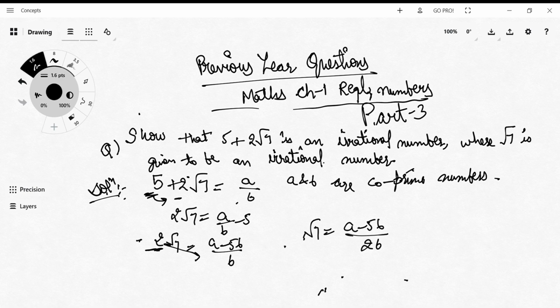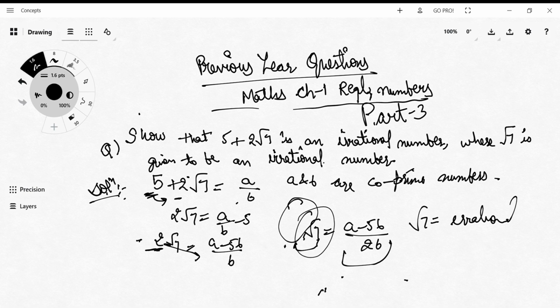Now this is your LHS part and this is your RHS part, correct? It is already given that root 7 is irrational, and we are getting that root 7 is equal to a minus 5b divided by 2b, and this is a rational number.